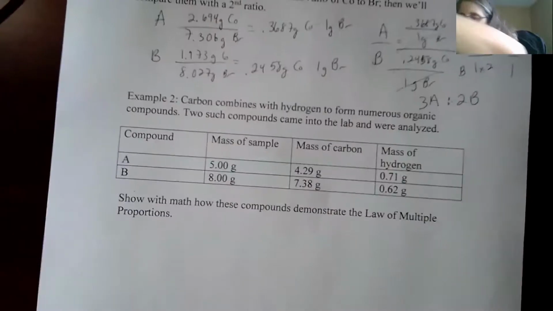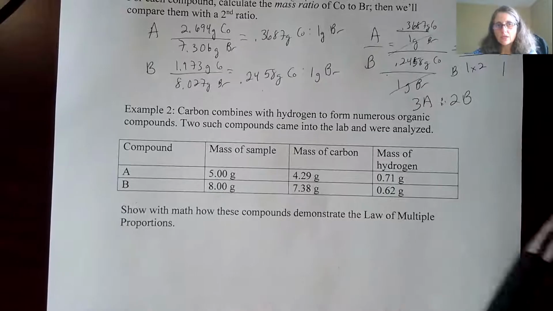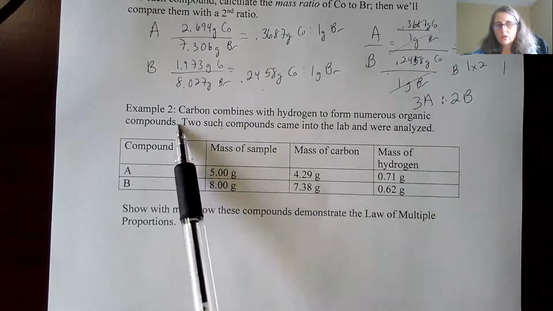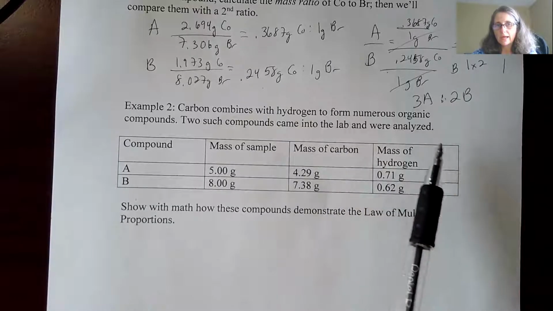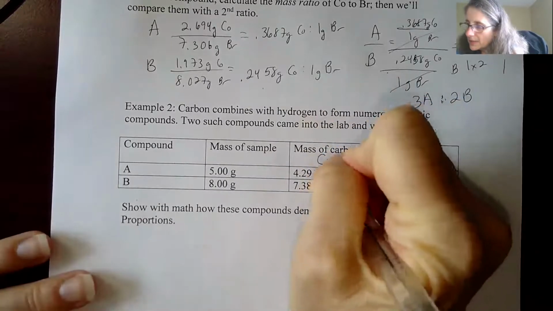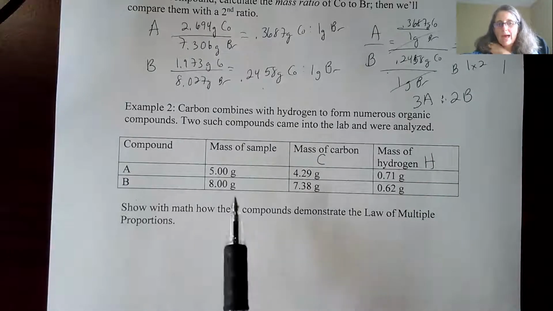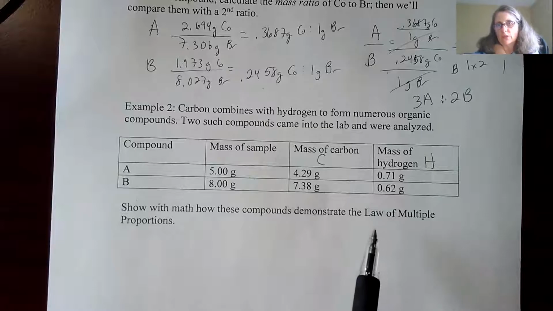All right, so why don't you try this one? Carbon combines with hydrogen to form numerous organic compounds. 2 such compounds came into the lab and were analyzed. So carbon is going to be letter C and hydrogen is going to be letter H. How these compounds demonstrate the law of multiple proportions.